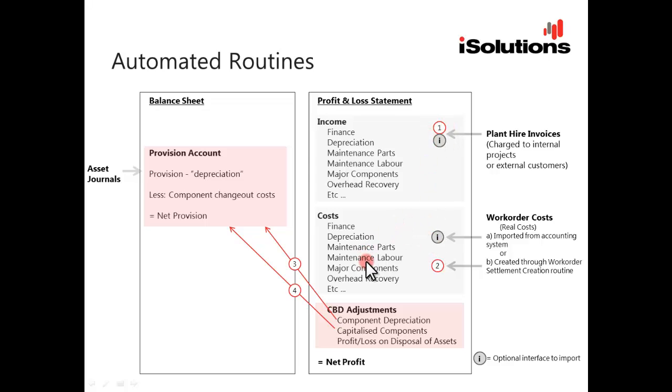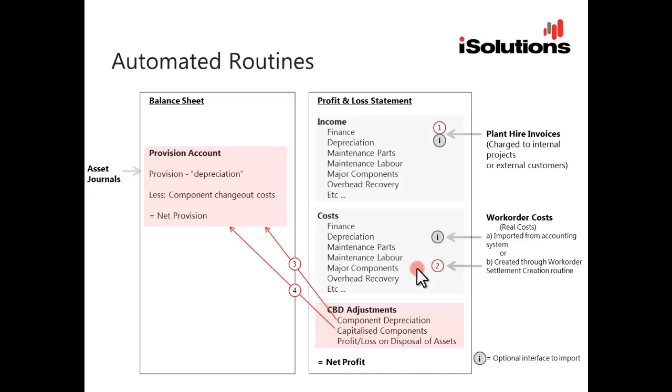The second one is your costs. So we would be importing generally all your maintenance costs from an accounting system. But then you do have your other cost categories, your depreciation, your other operating costs, your finance, and you can either be importing those, or you can have that second automated routine where AMT will automatically generate the work order cost for those items.